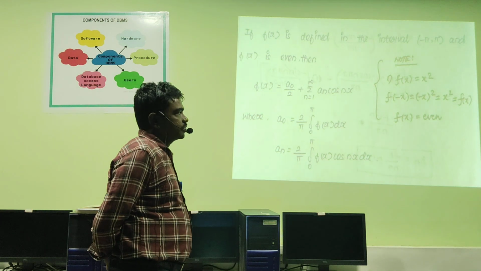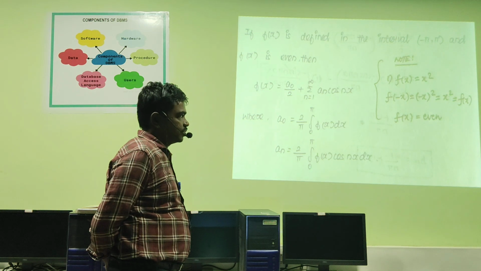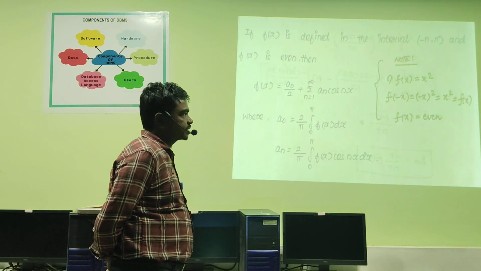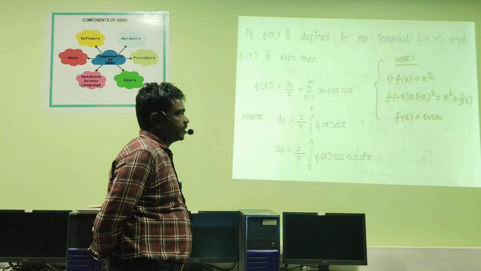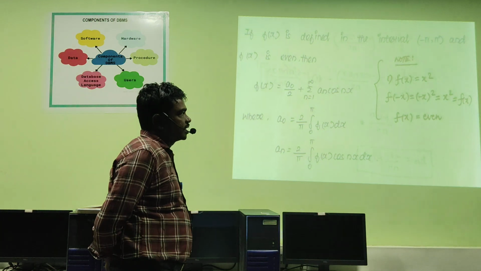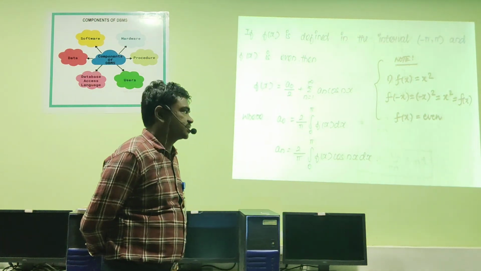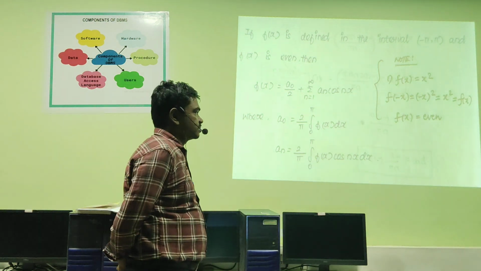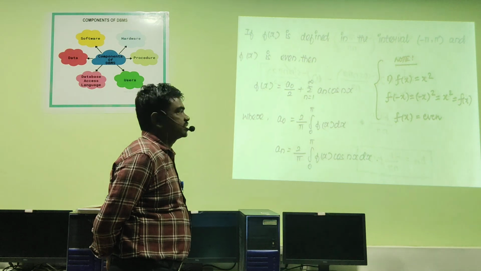What is f of minus x? Replacing x by minus x, f of minus x equal to (minus x) whole square. Minus square means plus x square, which is f of x. Therefore f of minus x equal to f of x, so f of x is even. This is the example of an even function.